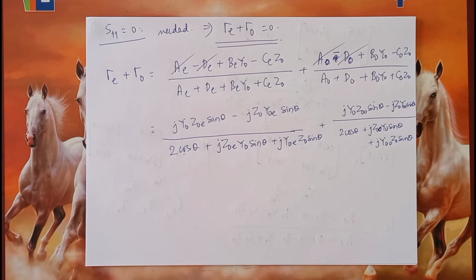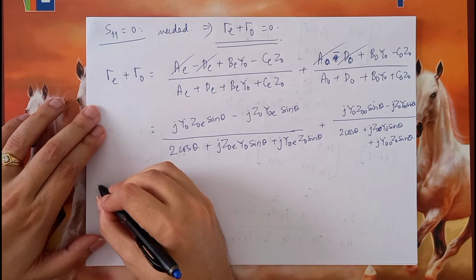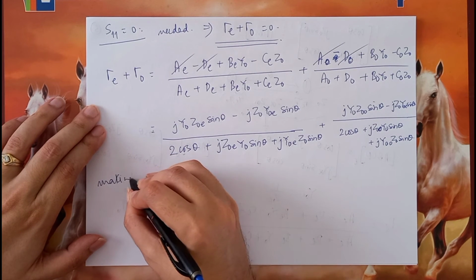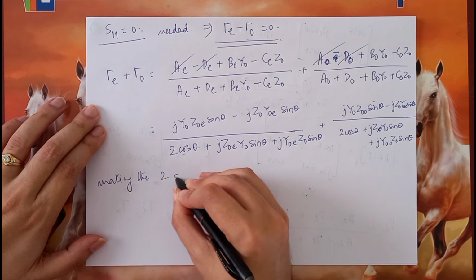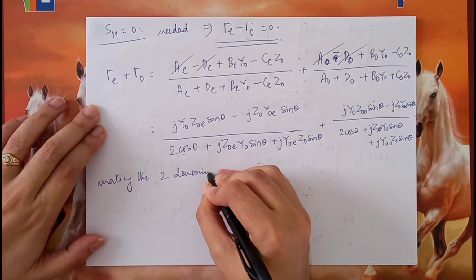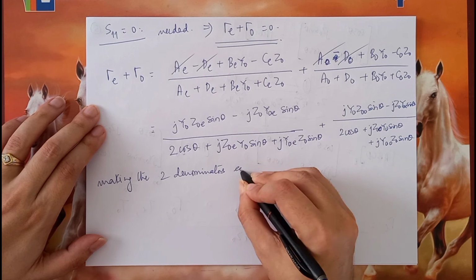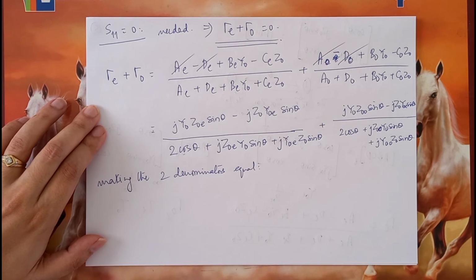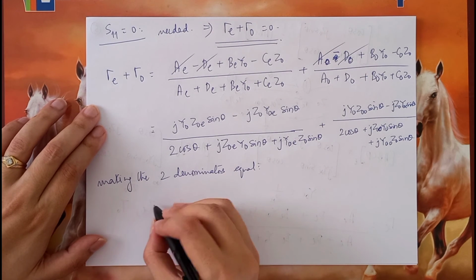Now, one thing that we could do to simplify it a bit is that we could try and make the denominators equal. Making the two denominators equal, what we will get is essentially this.